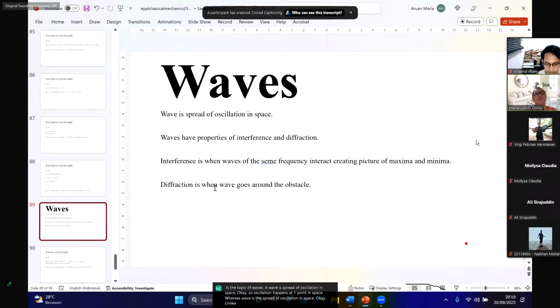Unlike material points, waves have the properties of interference and diffraction. Interference means many waves interact with each other, and diffraction means a wave is going around the obstacle, and it's not possible for particles.